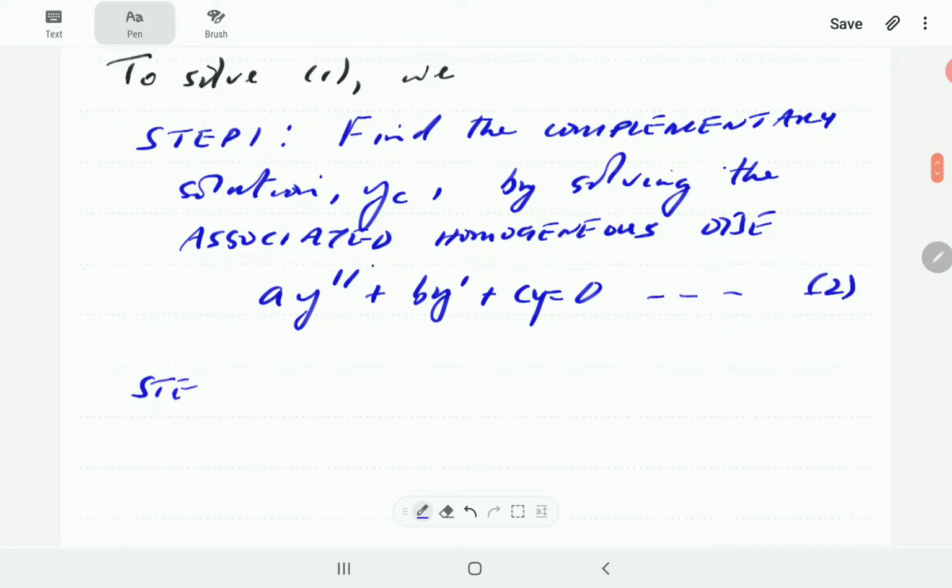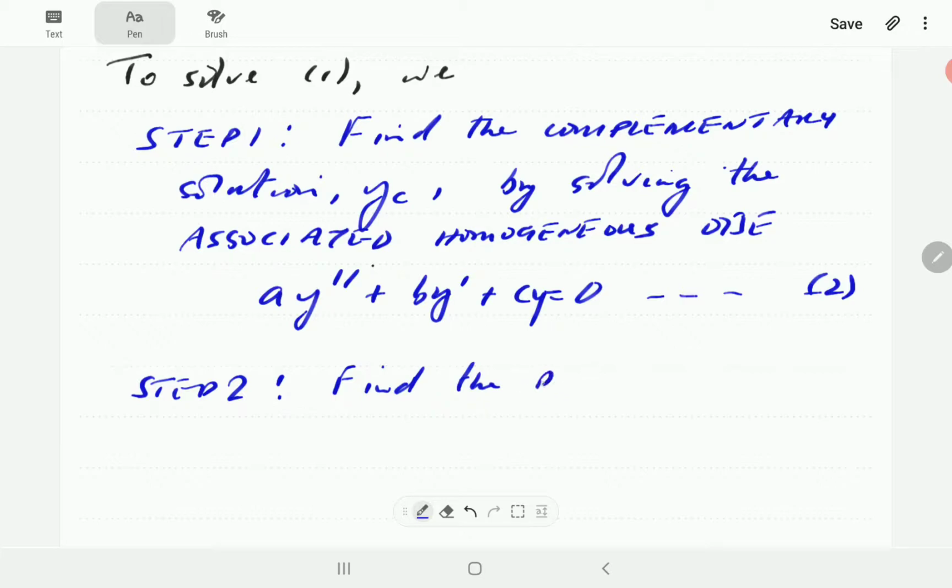Then step number 2 is we look for what is called a particular integral.